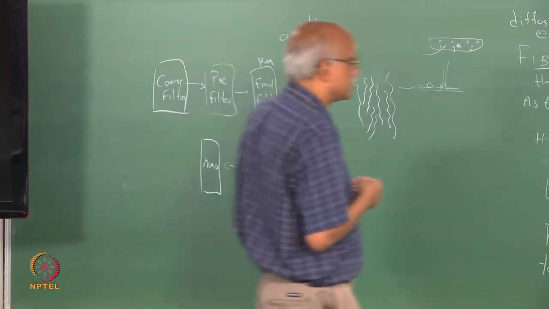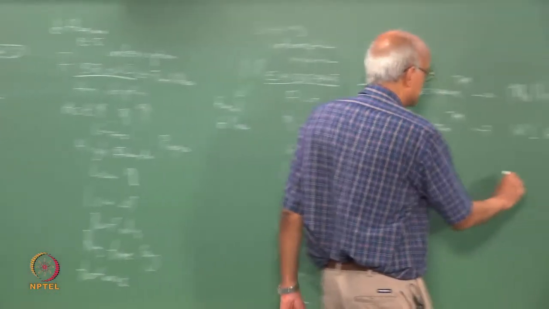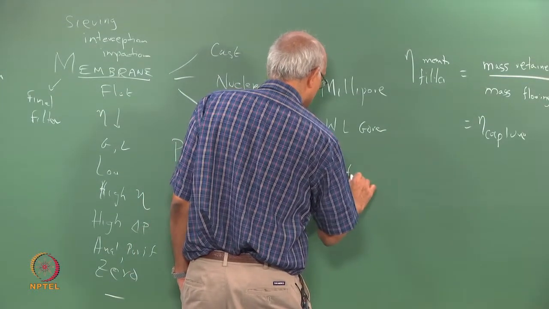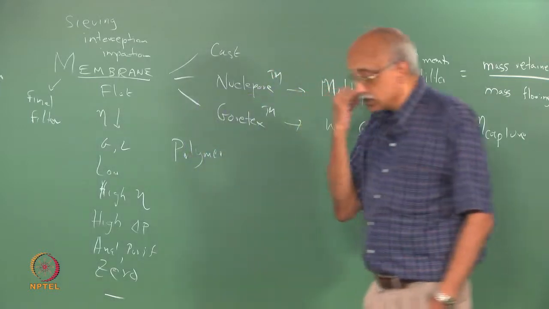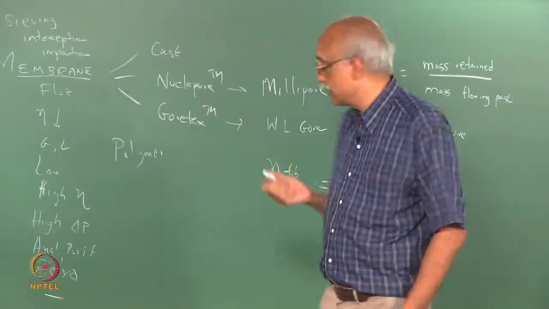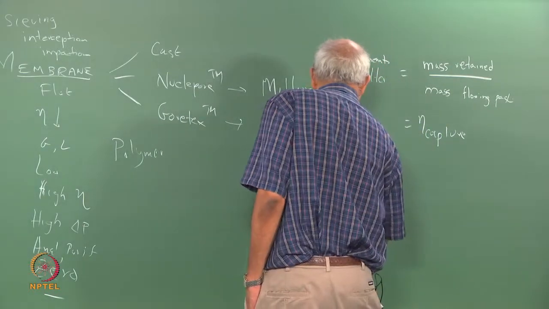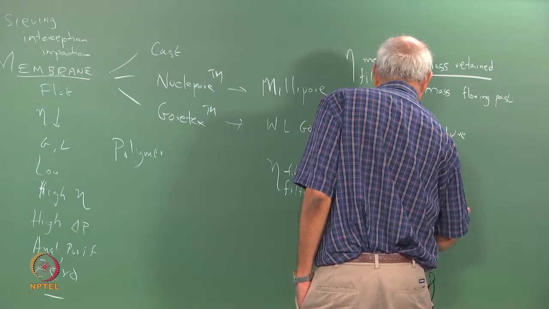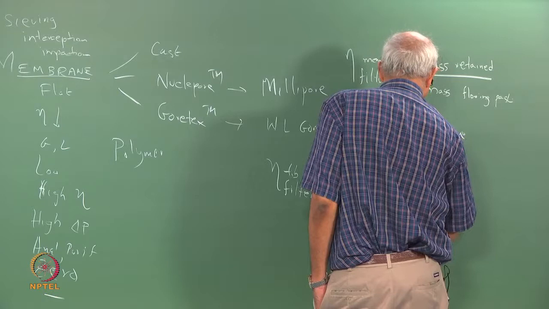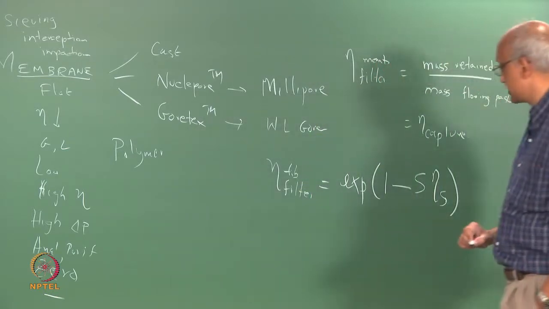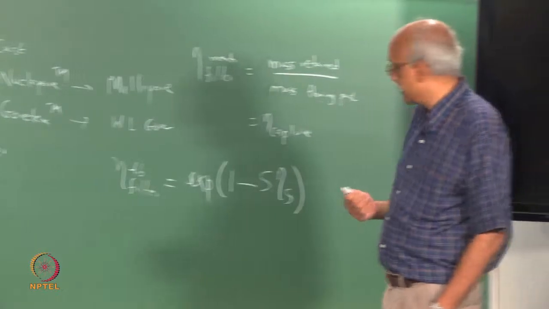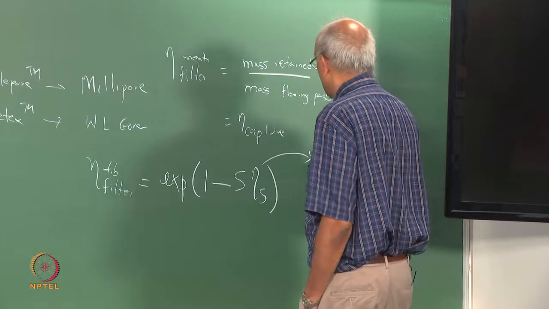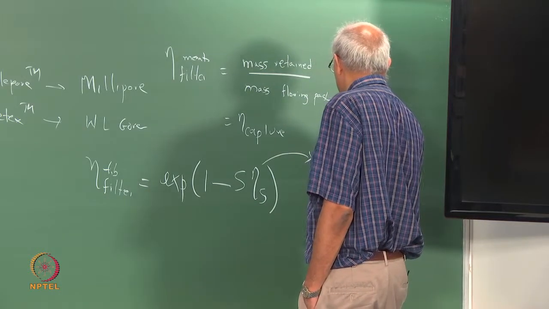So, in the case of a fibrous filter, it is related to the capture efficiency of a single fiber, but through a formula which goes as exponential of minus S times eta s, where eta s is the capture efficiency of a single fiber.